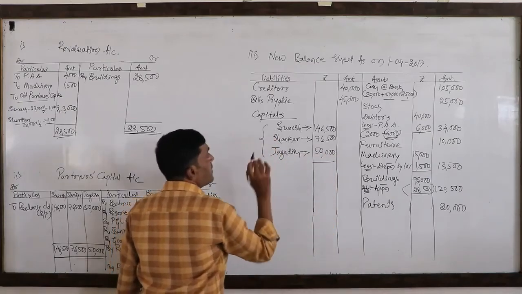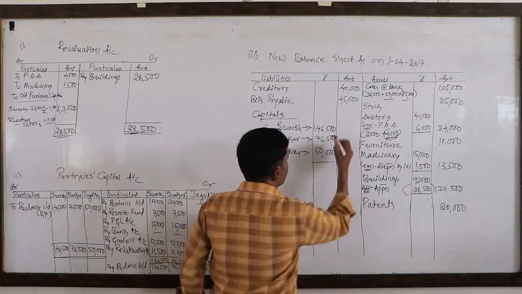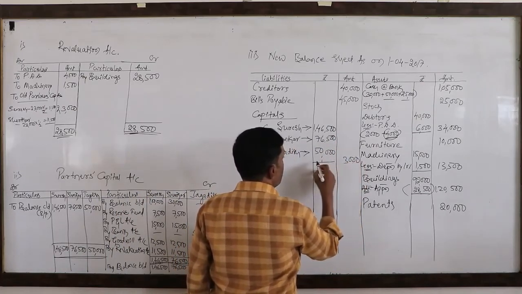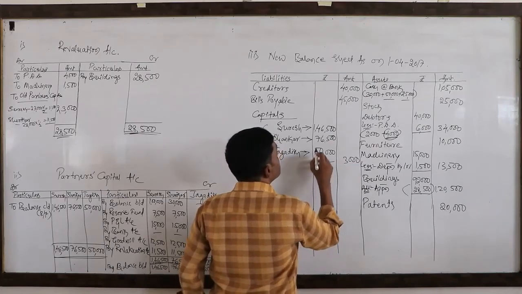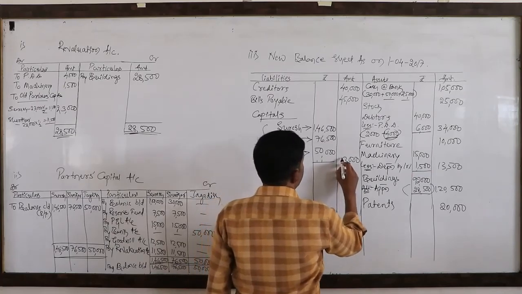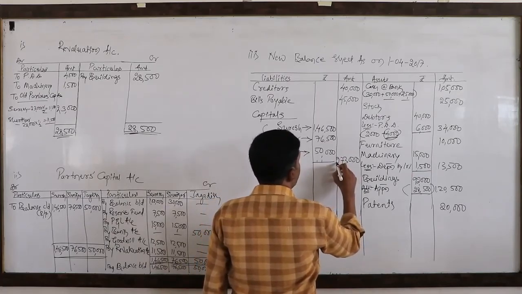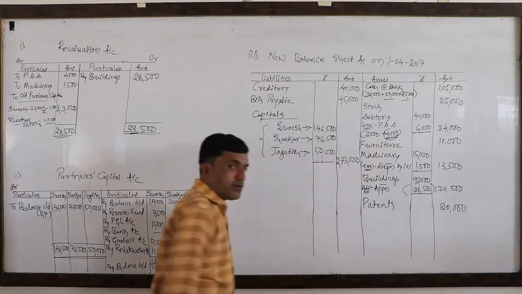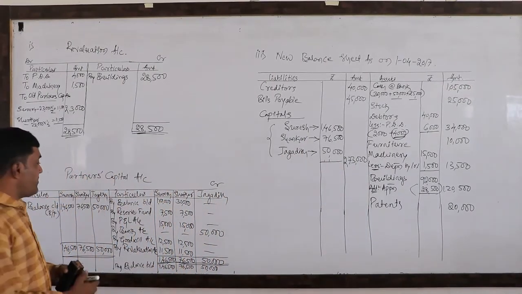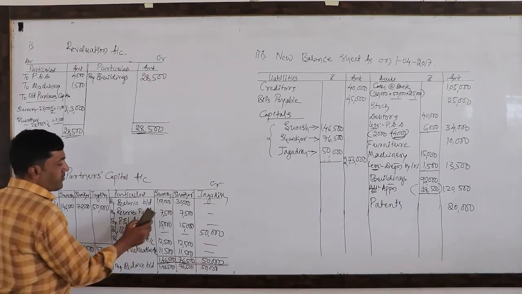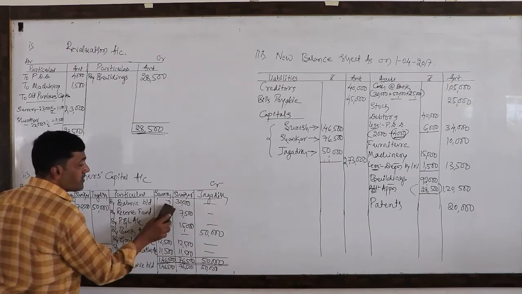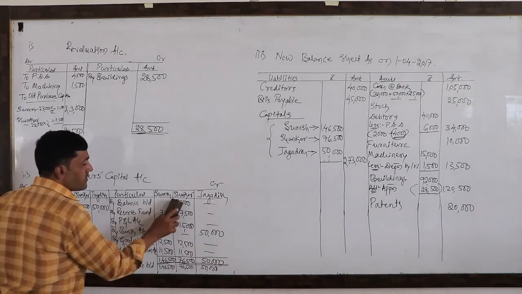Make this total, write it on the outer column. 2,73,000, I hope. Okay dear students, here I have made one mistake, extremely sorry. Here I have written the opening balance of capital as 1,30,000, but it is not this amount.